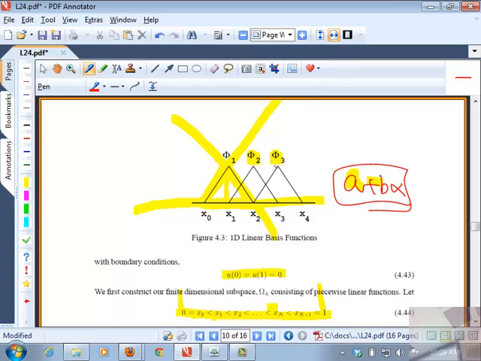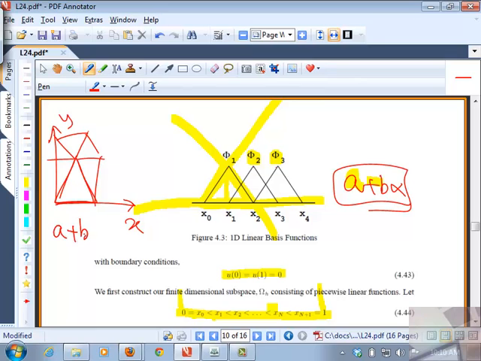But if I'm going to go in 2 dimensions, suppose I have a triangle, x and y. I'm just giving you a glimpse of how you would generalize this idea. If I take one of these triangles and I need to write a basis function, it might look like a plus bx plus cy. So now I have 3 coefficients, I have 3 points.